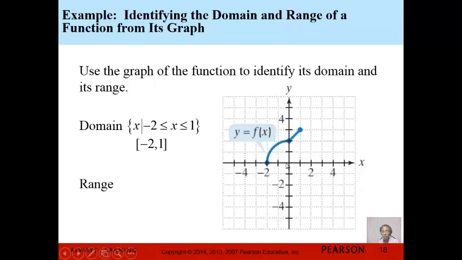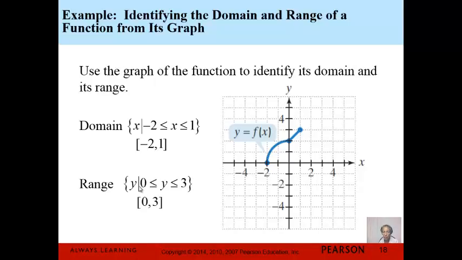Now notice the y's increase from 0 until y is 3. So y equals 3 is my largest y, y equals 0 is my smallest y, and all the y's in between are the y's of my range. So the range is all y's between 0 and 3, including 0 and 3.